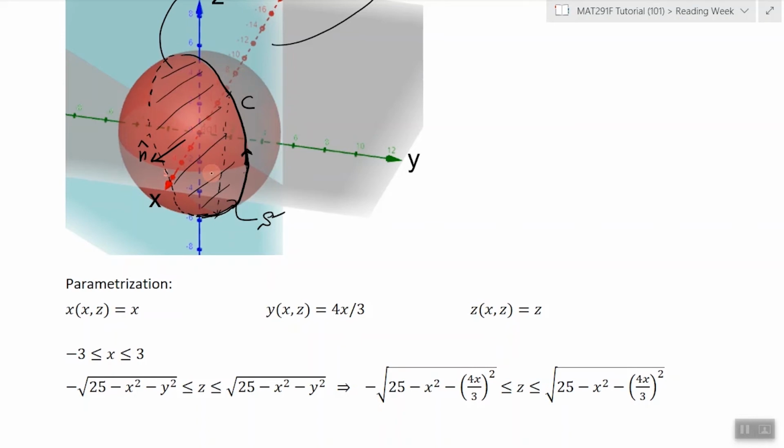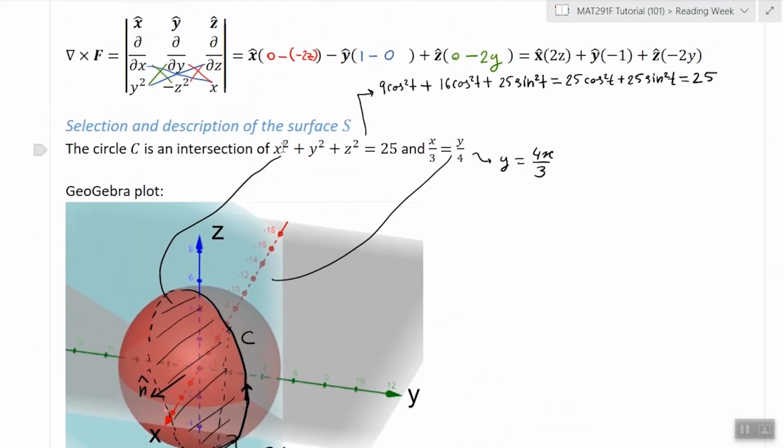So we can use the equation for the sphere to solve for z at those two points. Here, z equals plus or minus the square root of 25 minus x squared minus y squared.